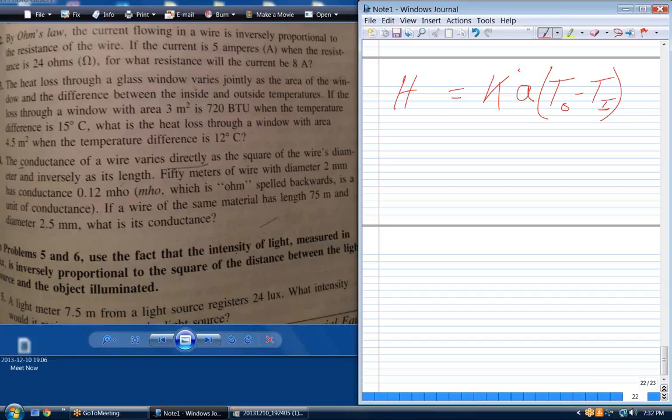Okay. If the heat loss through a window with area of 3 is... so what's the next part? It'd be 720 equals K times 3 times 15.